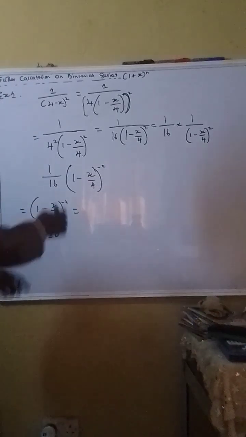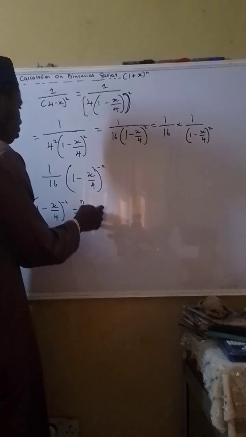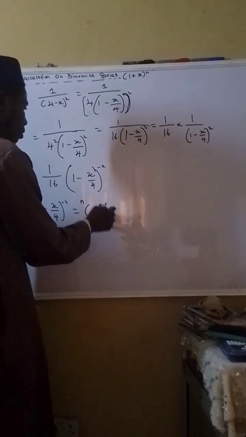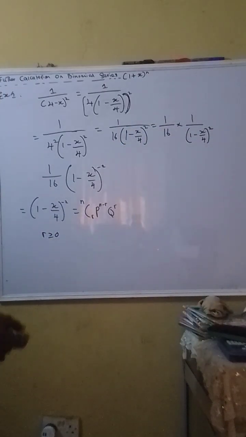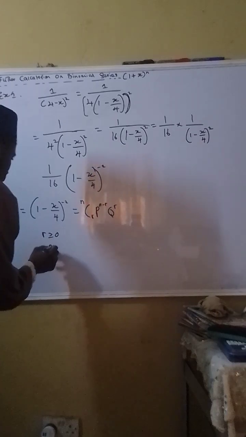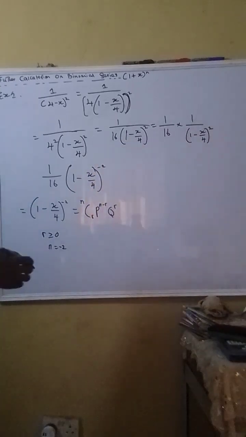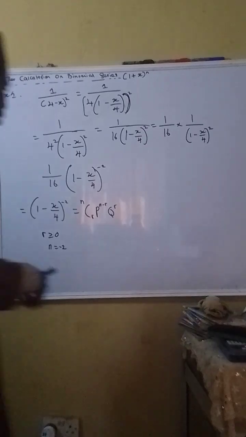Now, from this point, you should know that the law is n combination r for p raised to power n minus r and q raised to power r. That was our law, right? And at this point, don't forget the n here is equals to negative 2. Please don't forget our r starts from 0 upward. So let's break it down step by step.